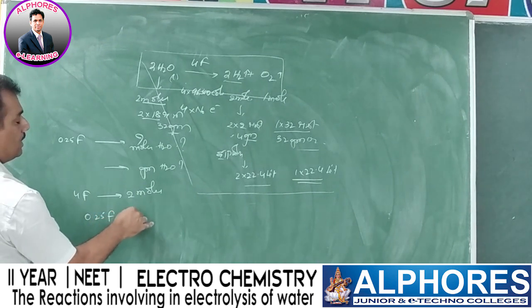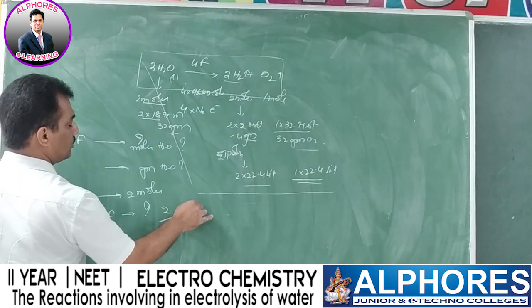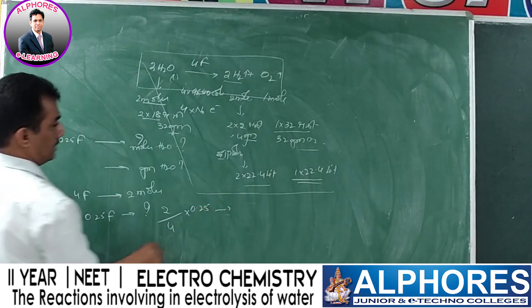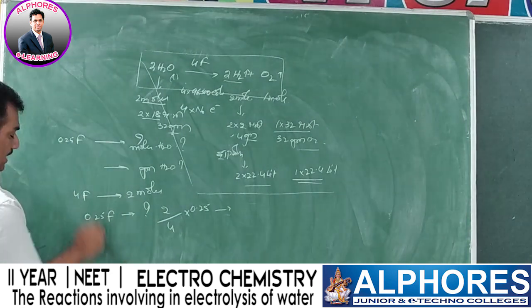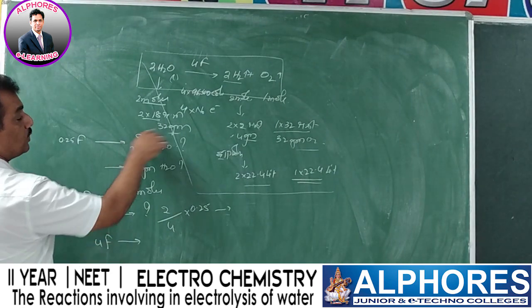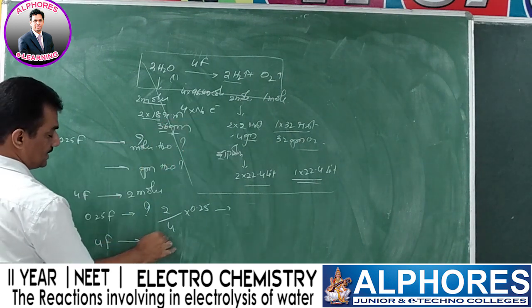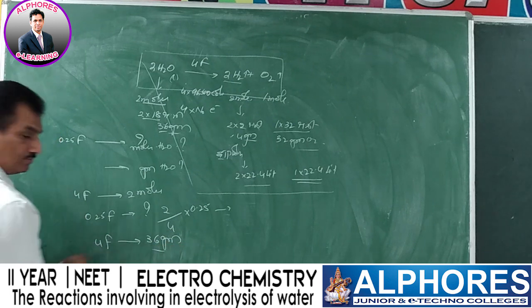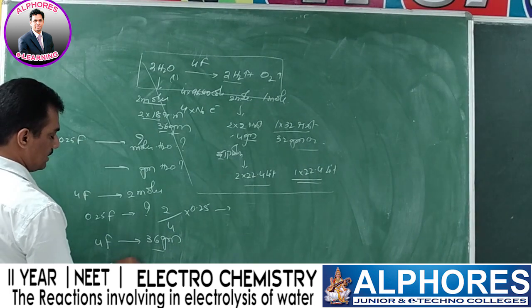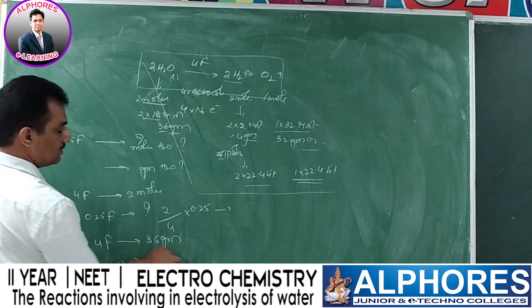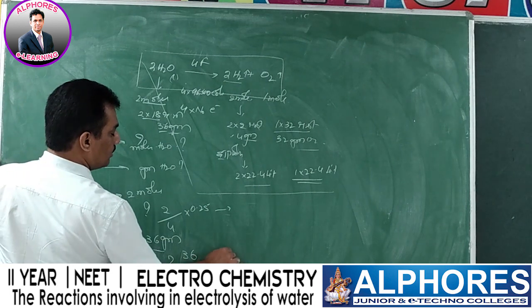In case they are asking in grams, you consider that when 4 Faradays are able to electrolyze 36 grams of water, that is 2 moles of water, then 0.25 Faradays will electrolyze how much? Again it is 36 by 4 into 0.25. Like that you will get the answers. It is related to the current passed and the masses or moles of water.